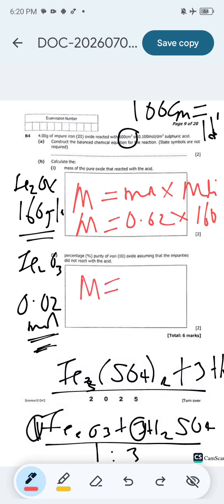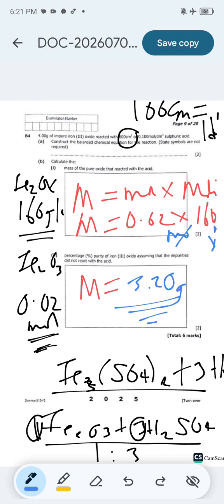When I punch on my calculator here, I'm getting the answer to be 3.20. And remember, this was moles and this was grams per mole. Okay, so moles and moles are going to go, we are going to remain with grams. And this is basically how you are going to calculate the mass of pure oxide that reacted with the acid.